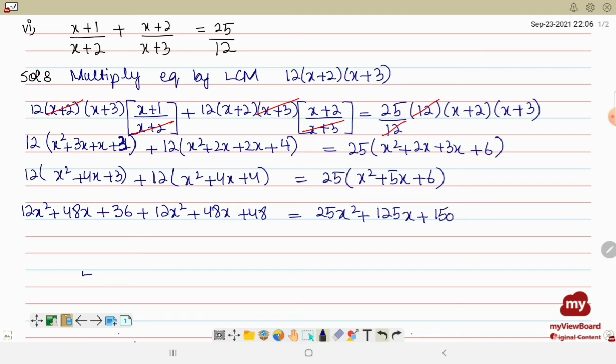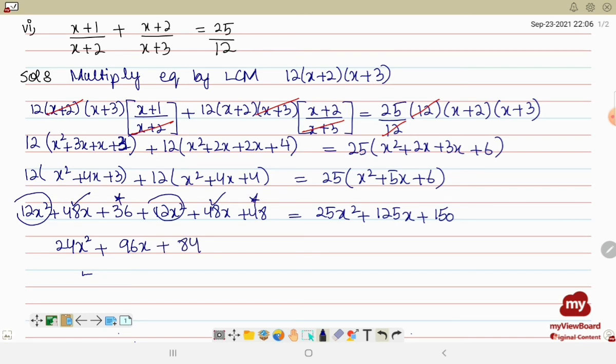Okay, now we'll take all the terms to one side. We can even solve it: 12x square plus 12x square becomes 24x square, right? And then 48x plus 48x becomes 96x. And this 36 plus 48 becomes plus 84.